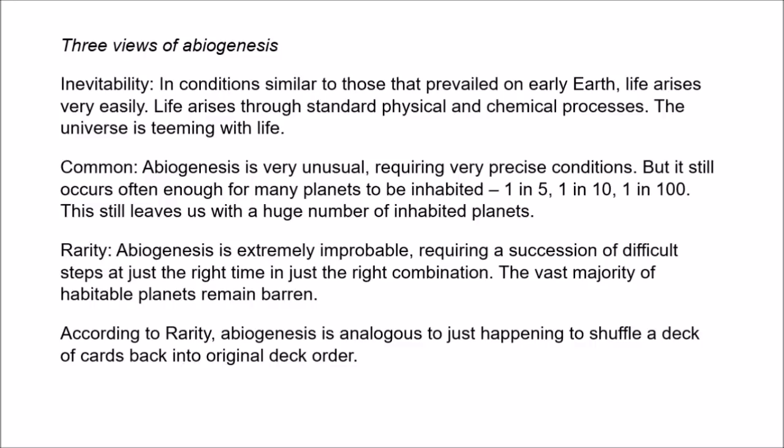So we've got two different extremes about the origin of life. On one extreme, we have the idea that life is analogous to cyclones. It's pretty much inevitable in the right conditions. And on the other extreme, we have the idea that life is like shuffling a deck of cards into new deck order. It involves some very specific sequence of very rare, very improbable chemical reactions.